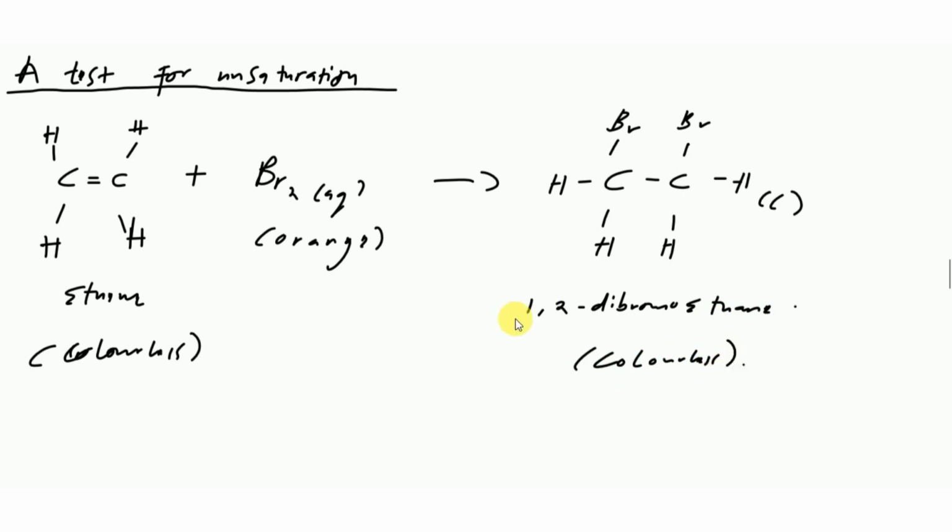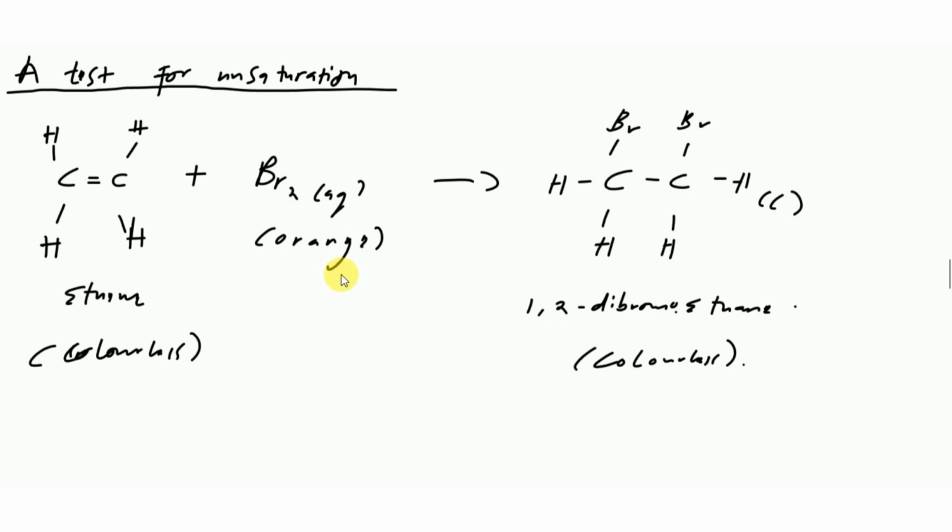And the reason why this is referred to as 1,2, as you can see, one bromine atom is on this first carbon atom, which is the first one, and another one is on the second one. So we have 1,2, and how many bromine atoms do we have in the compound? We have 2, and 2 represents di, so that's going to be 1,2-dibromoethane, and this will be colorless. When this happens, that means that we have tested for unsaturation.